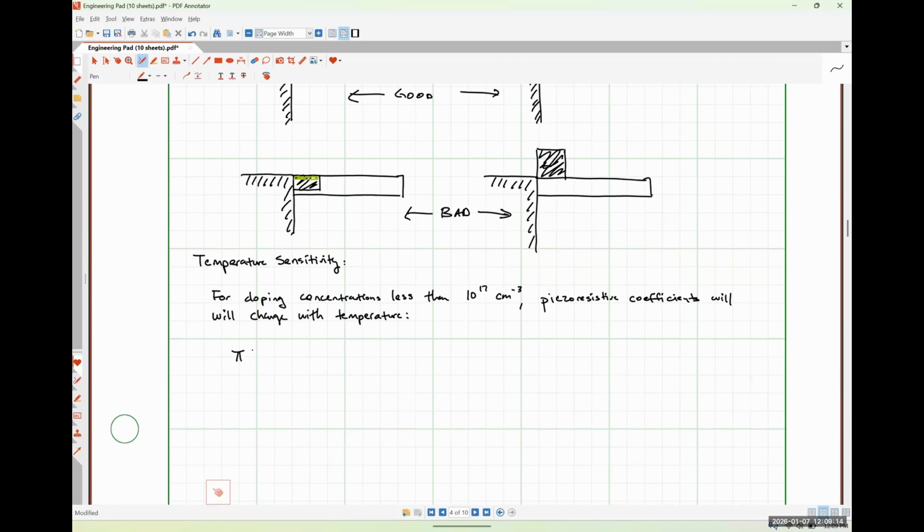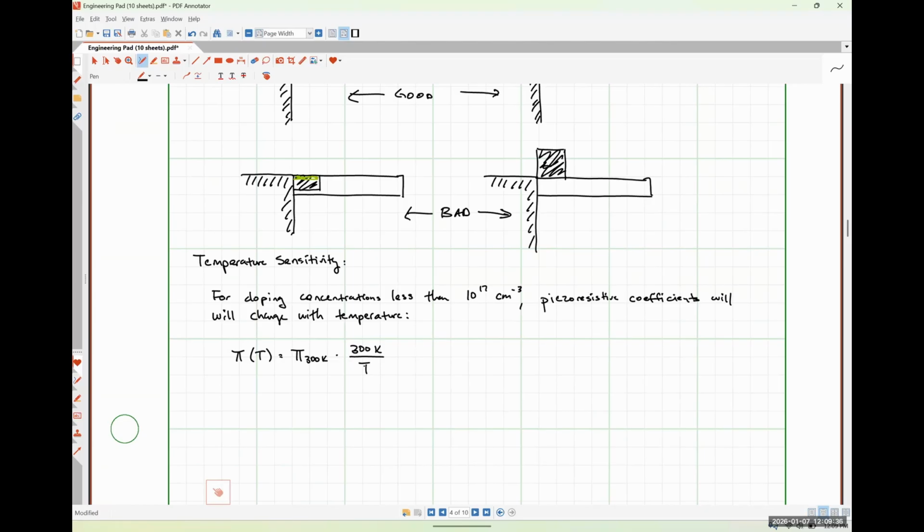So pi as a function of temperature is simply going to be our piezo-resistive coefficient at 300 K multiplied by 300 Kelvin over what our temperature is.